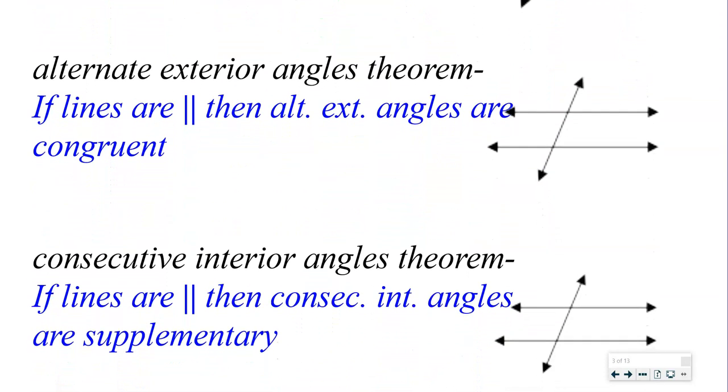Then alternate exterior angles theorem. If the lines are parallel, then alternate exterior angles are congruent. So our alternate, opposite sides of the transversal, exterior on the outside of the parallel lines. So angles 1 and 8 would be congruent.